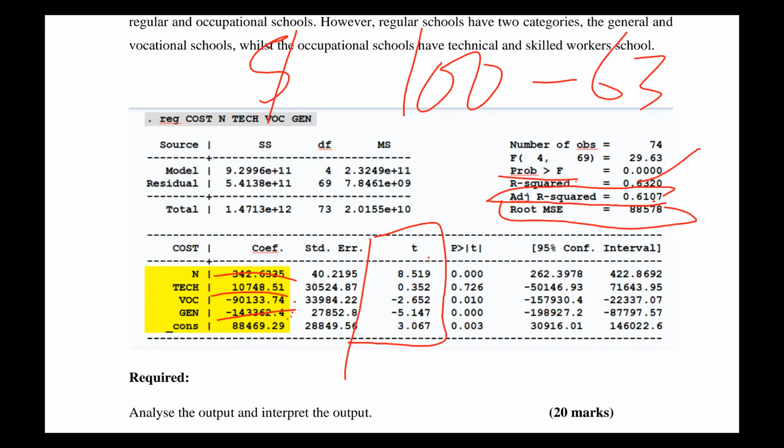When the number of variables is small and the number of cases, the number of observations, is very large, not too many variables, then the adjusted R squared will be very close to the R squared. When the number of variables is small, these two will be closer to each other.